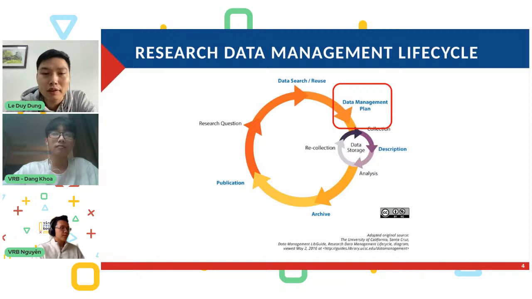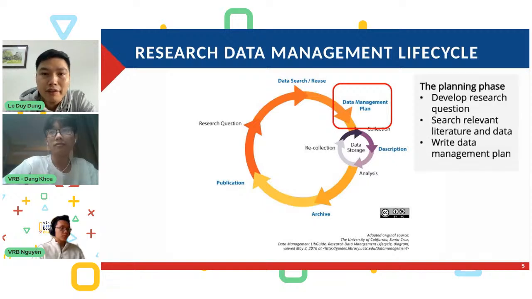We all know that, right? This circle is showing three main phases of a research data management life cycle, which include the planning phase, the active phase, and then the publication phase.